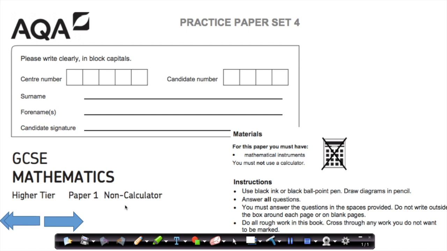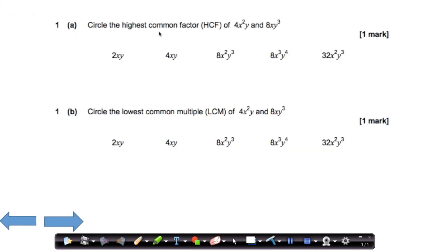So, paper 1, question 1 will be on the highest common factor of 4x squared y and 8xy cubed. Well, first of all, if we break down our two terms into the number part, so 4 and 8, and find the highest common factor of these number parts, that might help.